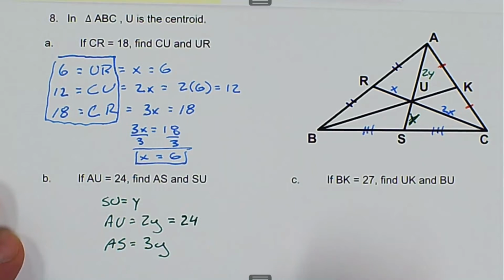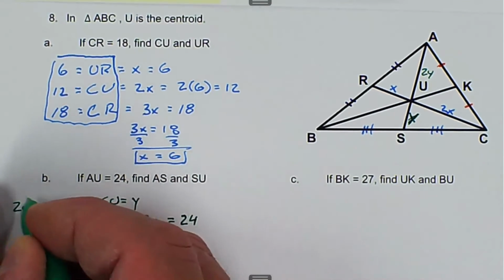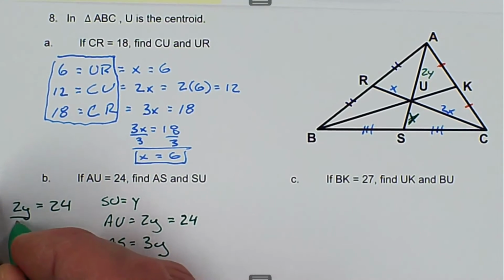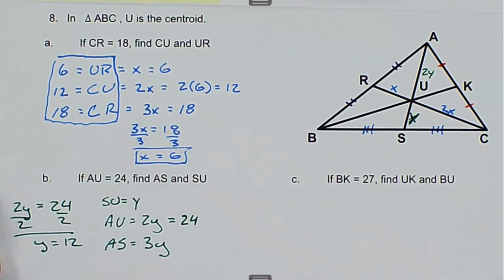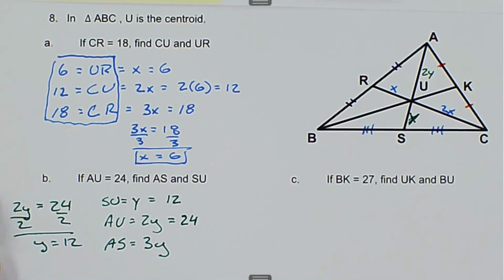So we can go ahead and solve that. So 2Y is equal to 24, and we divide both sides by 2, and we get Y is equal to 12. So that tells us that SU is equal to 12.